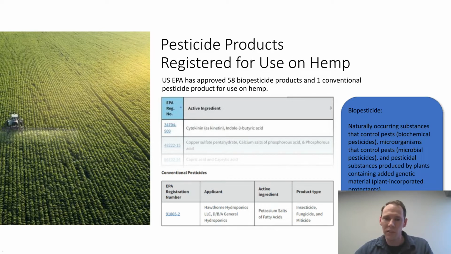And the one pesticide chemical listed as a conventional pesticide has an active ingredient of potassium salts of fatty acids. So these are all relatively non-toxic and relatively safe chemicals.